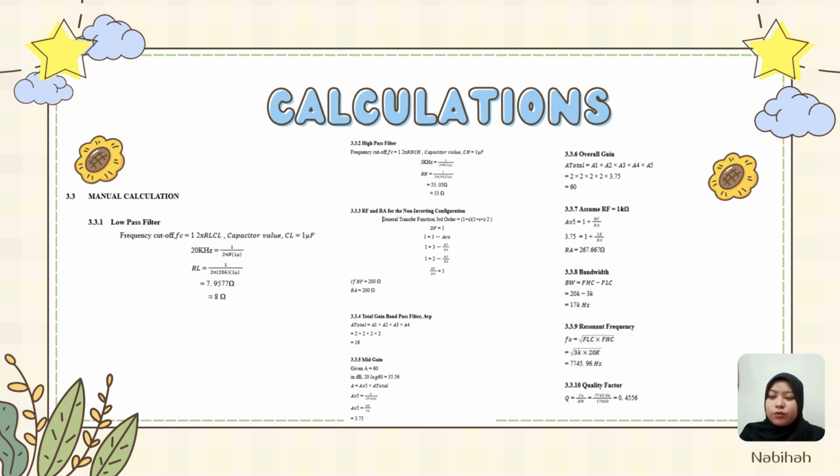Using the gain formula, we calculate Ra equal to 267.67 ohms when Rf is 1 kilo ohm. In summary, our designed filter successfully meets the design specification and theoretical expectation. The calculation guide, the component selection and the circuit structure ensure accurate performance. That's all for me. Thank you.